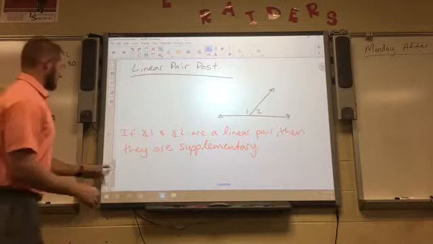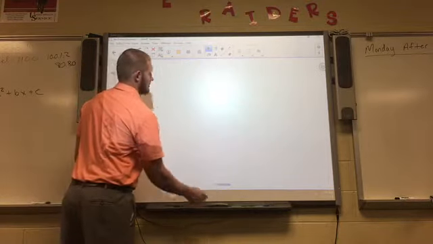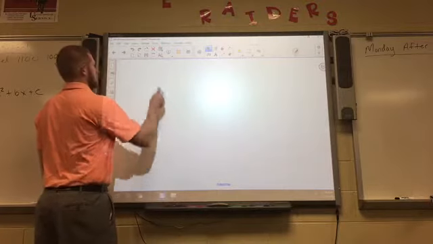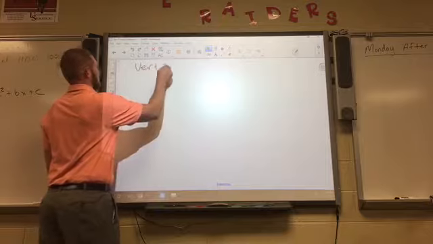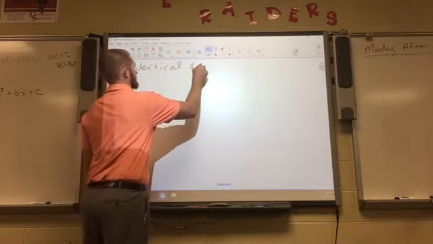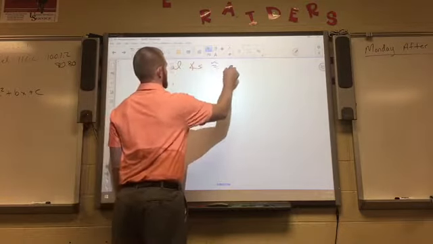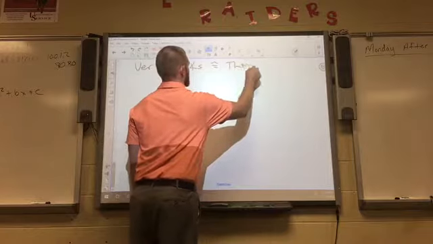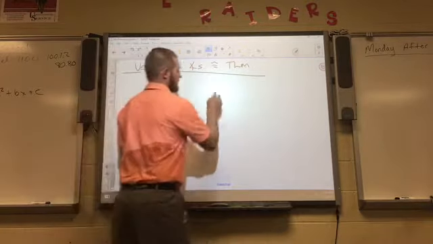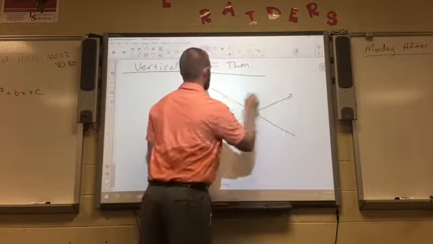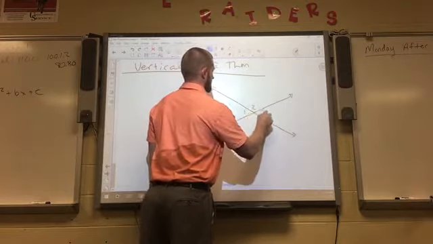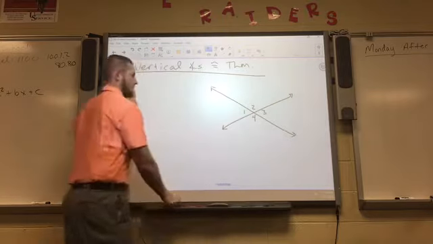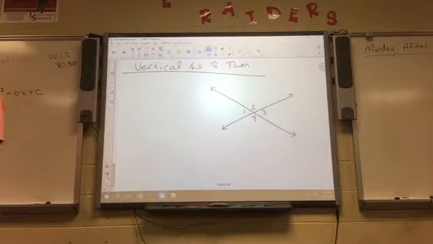The last theorem before we do two last example problems. This one is called the vertical angles congruence theorem. We have also worked with vertical angles in the past.